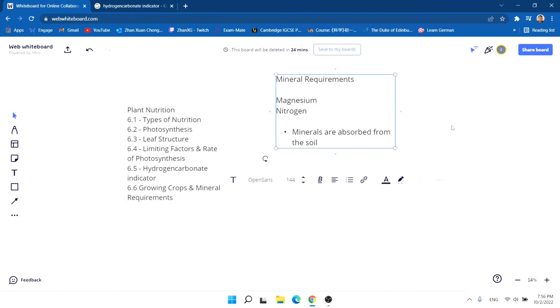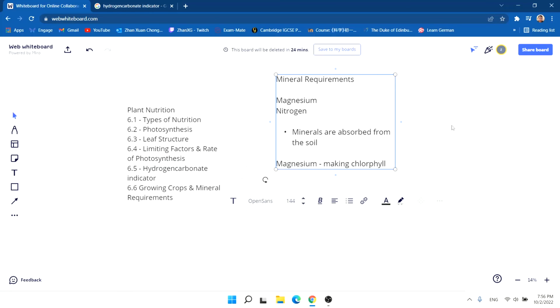Okay, let's give an example. What happens if a plant doesn't have enough of the mineral requirements? They will shrink or what? So we have magnesium. Magnesium is needed for making chlorophyll.